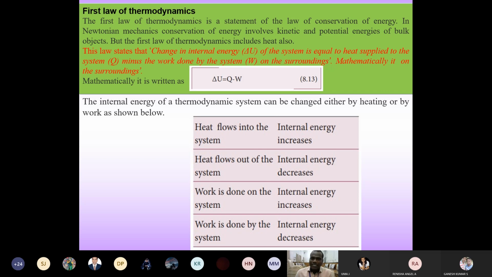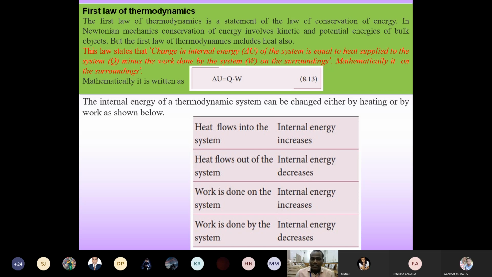But the first law of thermodynamics includes heat also, adding heat to the kinetic and potential energies.